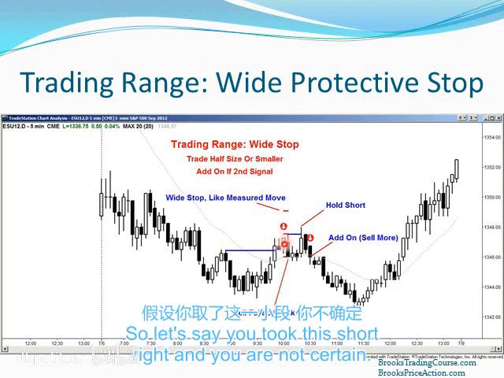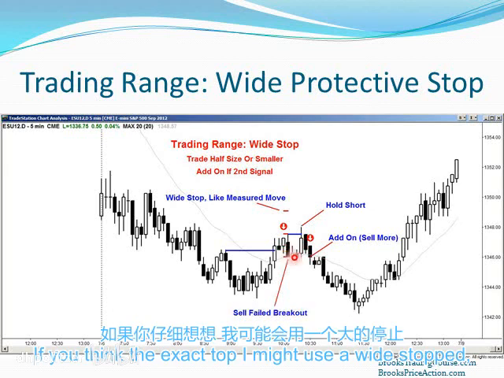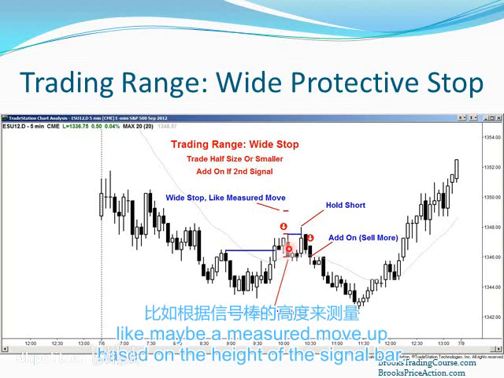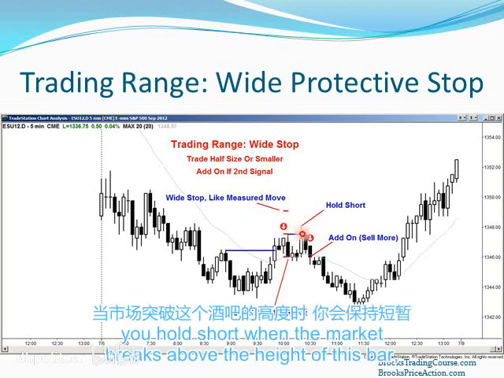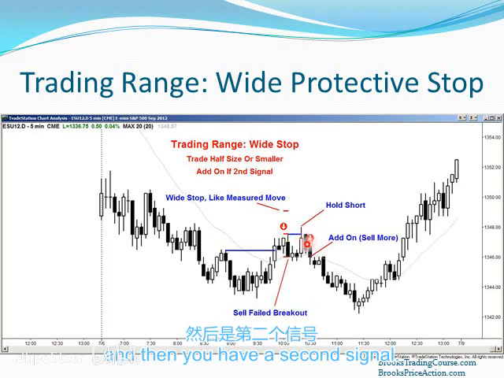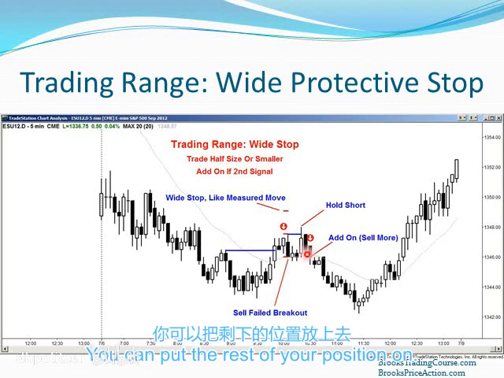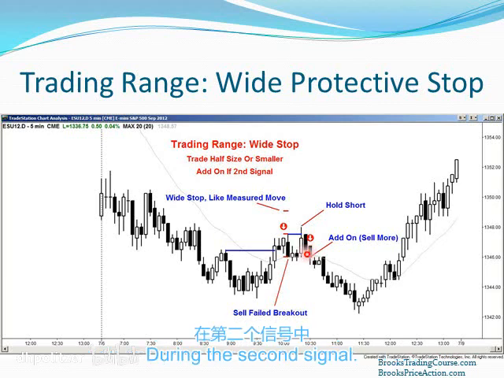So let's say you took this short, and you were not certain if you picked the exact top. You might use a wide stop, like maybe a measured move up based on the height of the signal bar. So you trade small, you'd hold short when the market breaks above the high of this bar, and then you have a second signal. You can put the rest of your position on during the second signal.